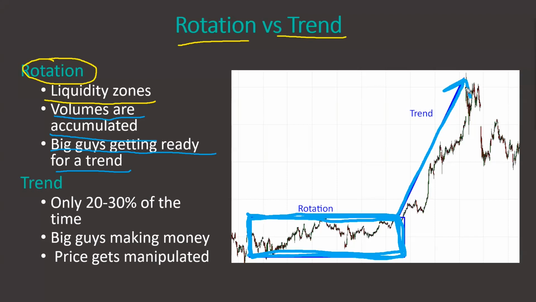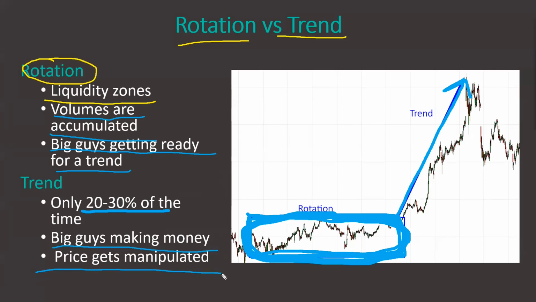And in the trend, the strong institutional buyers from this rotation are making money on the long positions which they placed in that rotation. That's what happens with rotations and trends. And trends occur only around 20 or 30% of the time. As I was saying, the rest is just rotation. All right, so in a trend, big guys are making money. And in the trend, price gets manipulated.